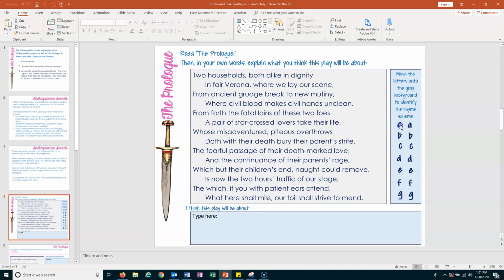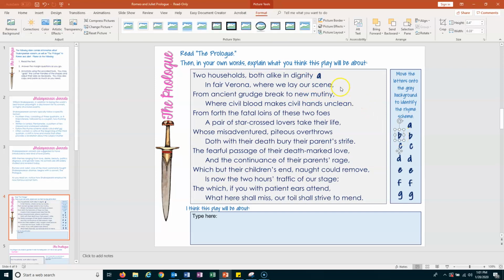For the rhyme scheme, all you're going to do is click on that. It always starts with A at the top, right? Then if another word does not rhyme with dignity, so dignity and scene don't rhyme, right? Then you're going to put the B there.